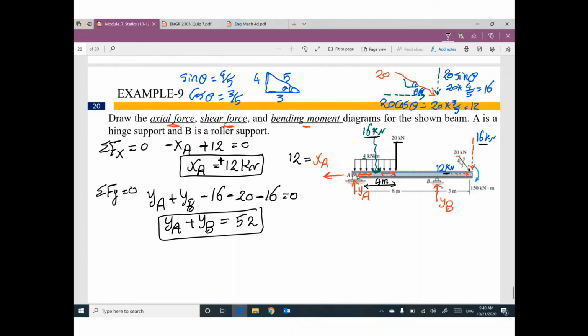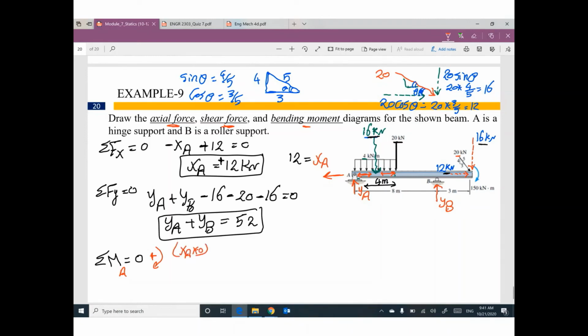The third one, summation moment at any point equals 0. I'm gonna take moment at A. I'm gonna assume this direction is positive. Guys, please don't forget any force. XA times 0.